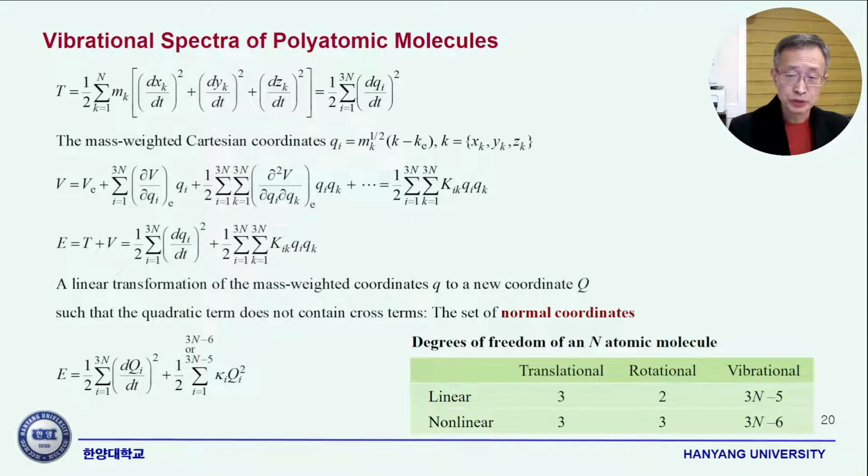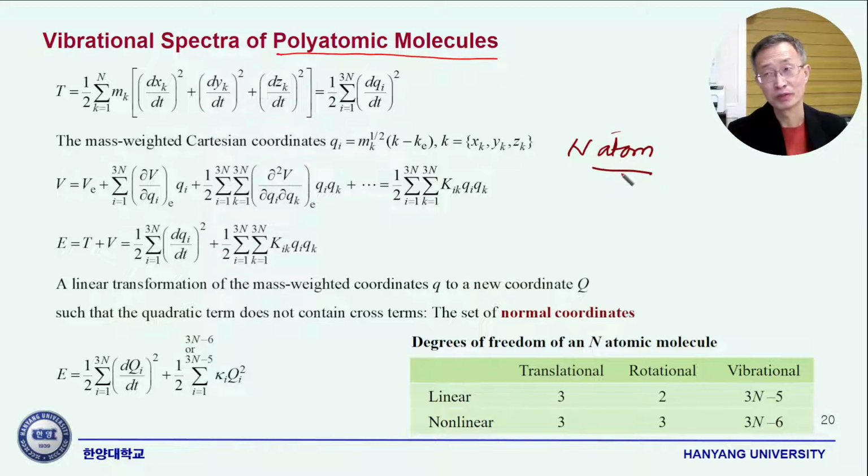And now we think of polyatomic molecules. If you have n atoms in a molecule, it's different. For example, oxygen, H, H, in this case a 3-atom molecule.